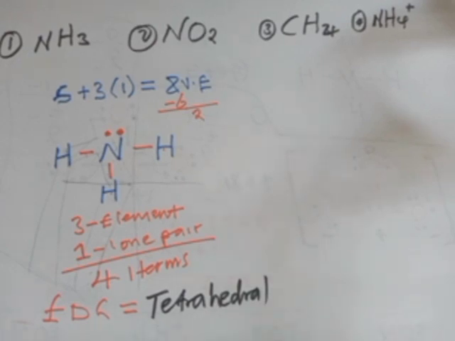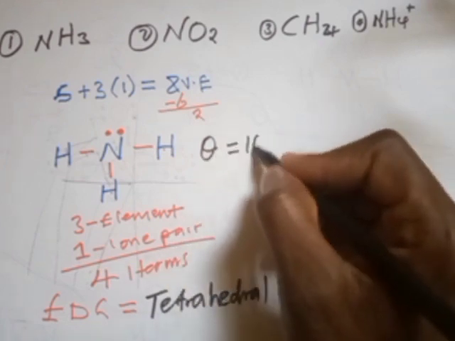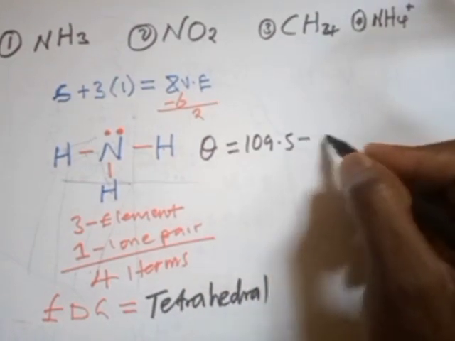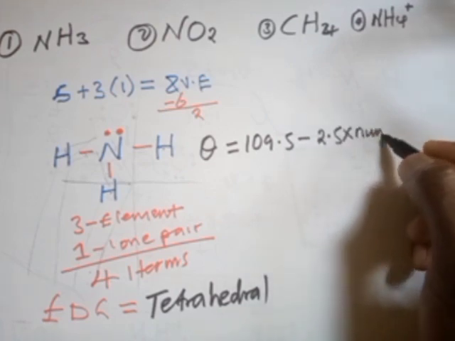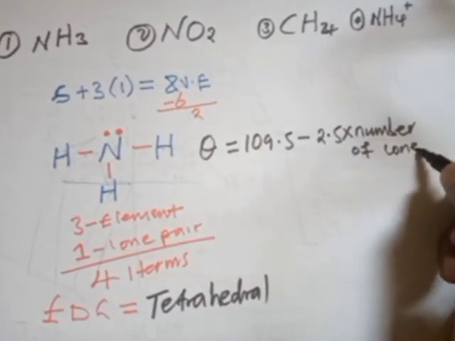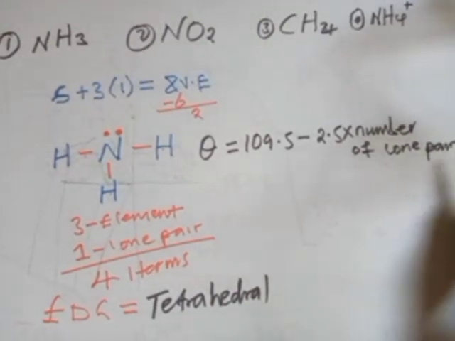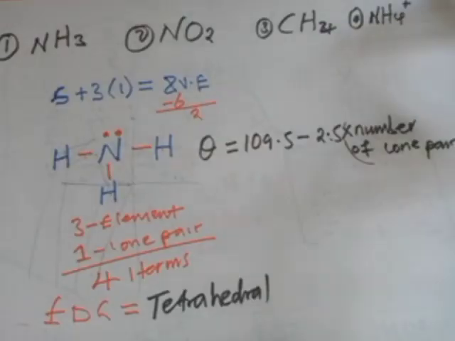For tetrahedral, to find the angle, we said you can find the angle by saying theta must be equal to 109.5 minus 2.5 multiplied by the number of lone pairs. If you don't have lone pairs, you are going to say 0 multiplied by that. If we have lone pairs on the central atom, you put the number of lone pairs where it says number of lone pairs.